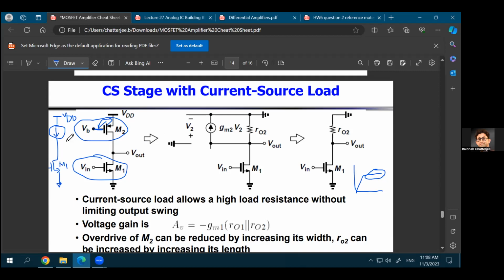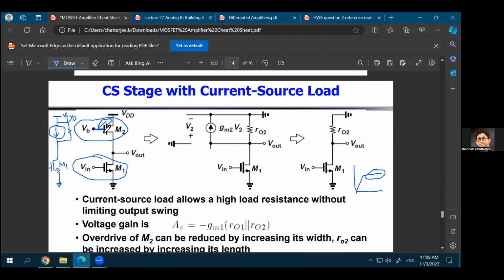So this is what you have, that at the drain you're connecting a current source, and that's why it's called a current source load. When you are using this transistor with a particular bias voltage, you are actually creating a current source as the load of this M1 transistor. Now, of course, this current source is not ideal, right? The current source has a parallel resistance to it.